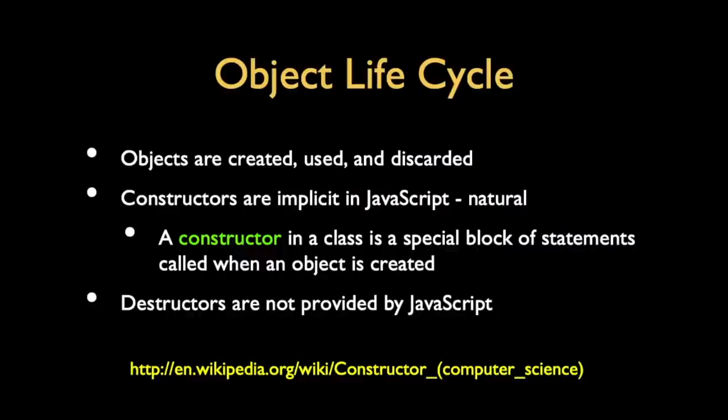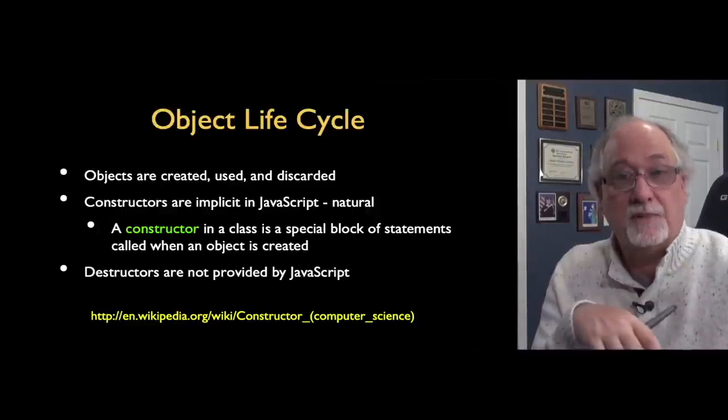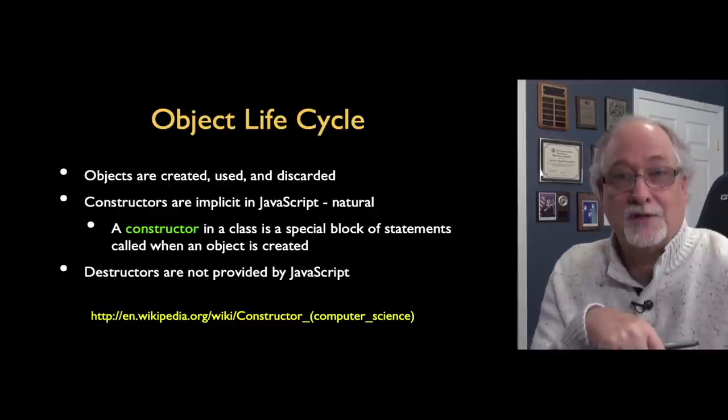And there is this concept of a bit of code called the constructor in object-oriented theory that says, look, I'm going to start an empty object and then I'm going to fill it with stuff. And the constructor is the sort of filling it up so it's ready to do its job once you're done constructing it. Destructors are a common concept, and we talked about those when we talked about object-oriented in Python. You don't get to get a hold of the destructor inside of JavaScript.